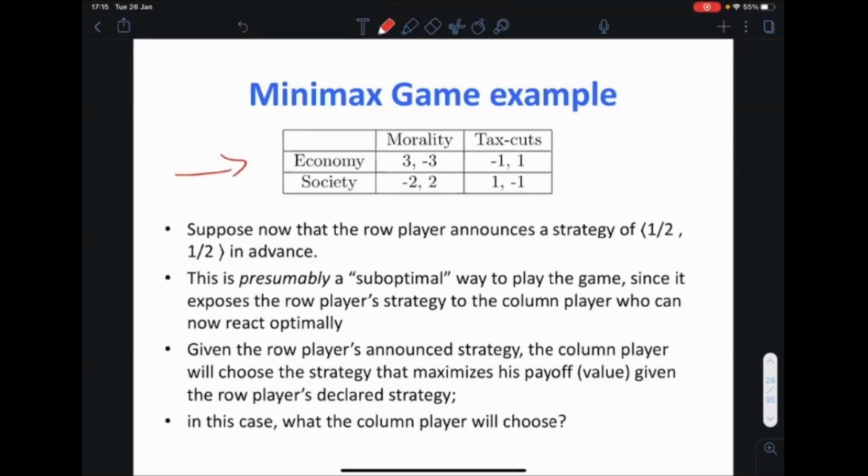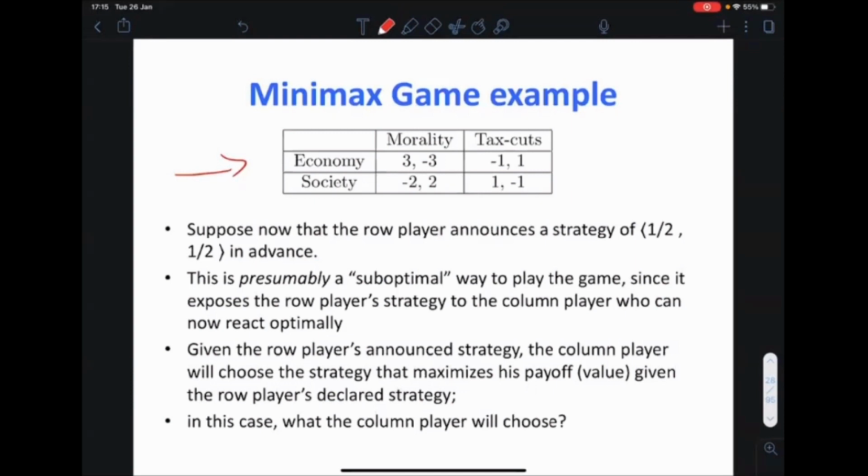Presumably, it looks suboptimal because you reveal the information to player 2, as we showed in the Cournot case. If you reveal the information to others, then you probably wouldn't have an advantage unless you have more information.